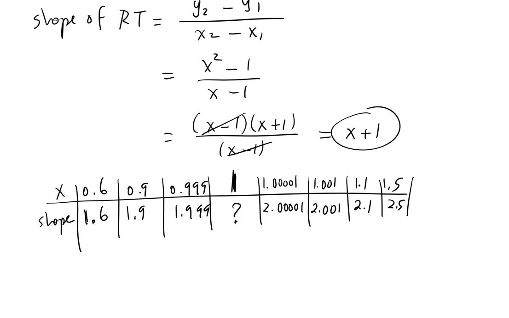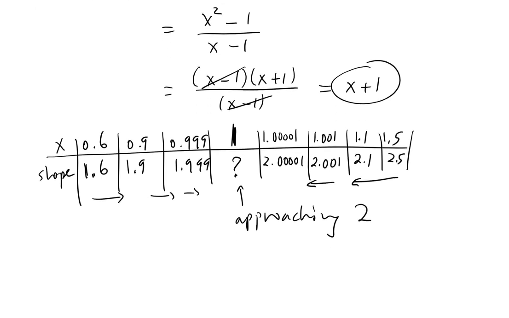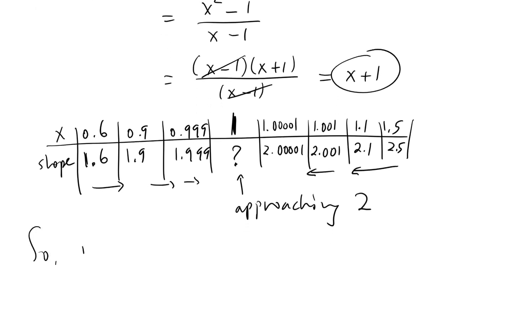Notice what's happening. If we approach from both sides, the values from the left side are growing toward some value, and the ones on the right side are approaching that same value. What is that value? They are approaching 2, right? So we can say that the slope of the tangent line, m, is 2 at the point (1, 1).